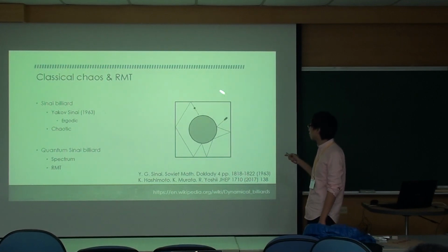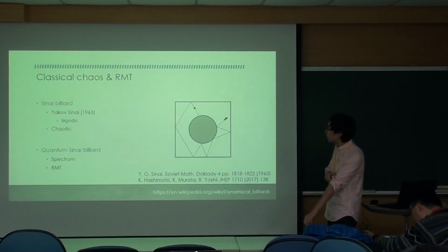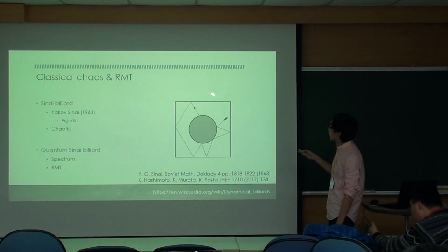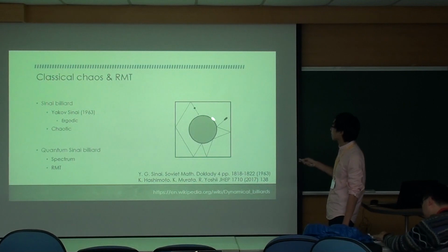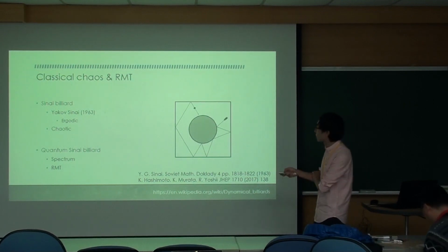And we can convert this system into a quantum version, which is just putting an infinite potential wall at the side and also at the center, a circular infinite potential wall.